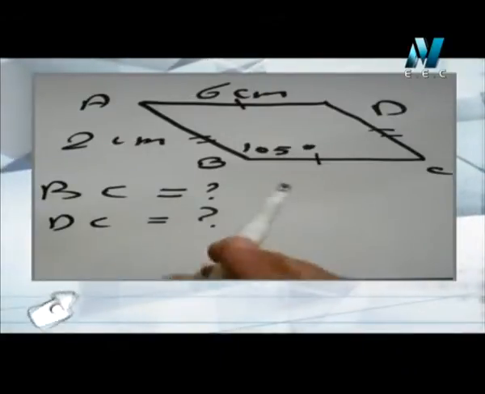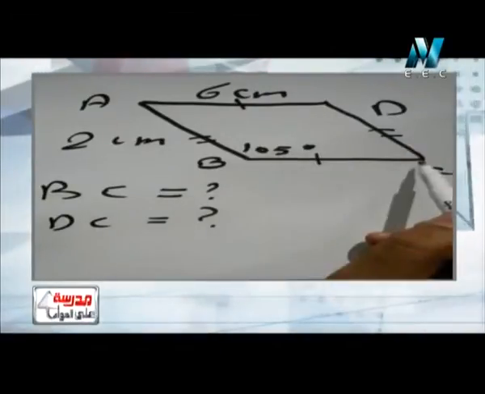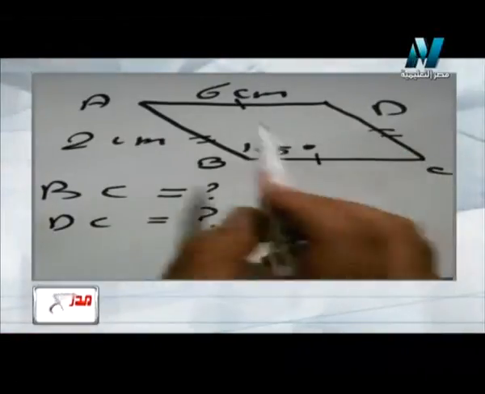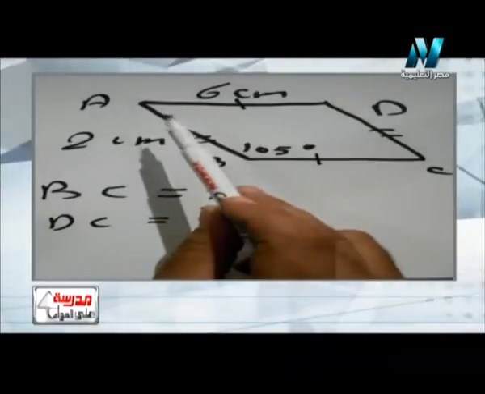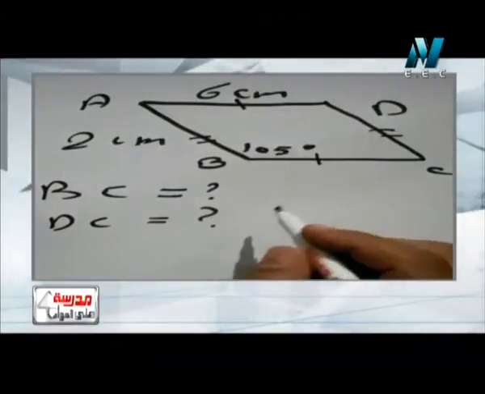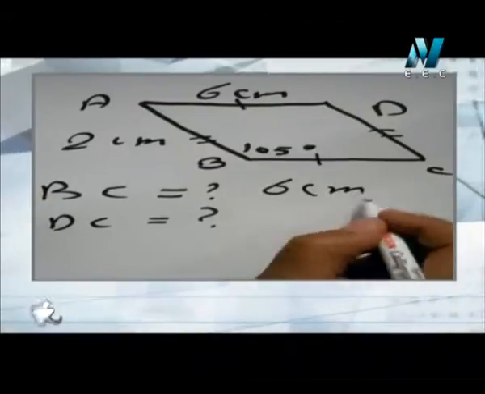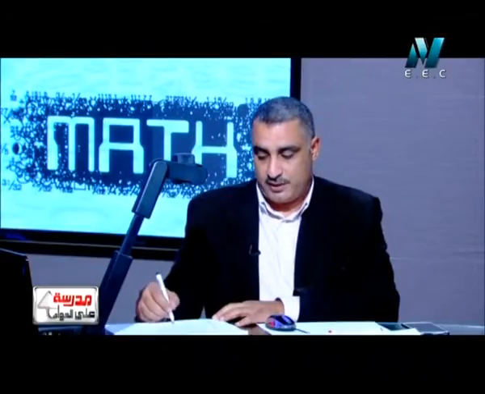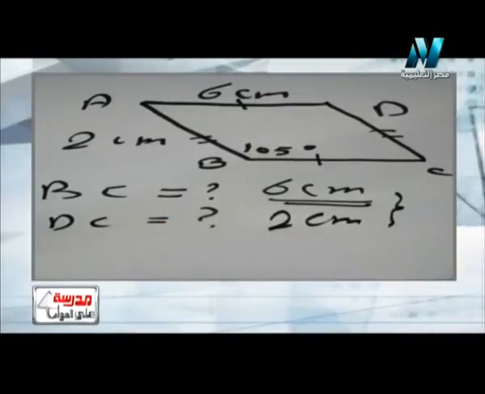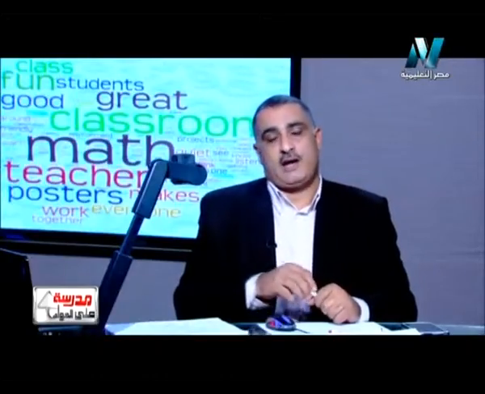So it's easy to find the length of BC and the length of DC. Why? Because BC is opposite to AD. The length of AD equals 6 centimeters, so we can easily deduce that the length of BC equals 6 centimeters. In the same way, DC equals AB, which is 2 centimeters. Just apply the first property of a parallelogram: each 2 opposite sides are equal in length.